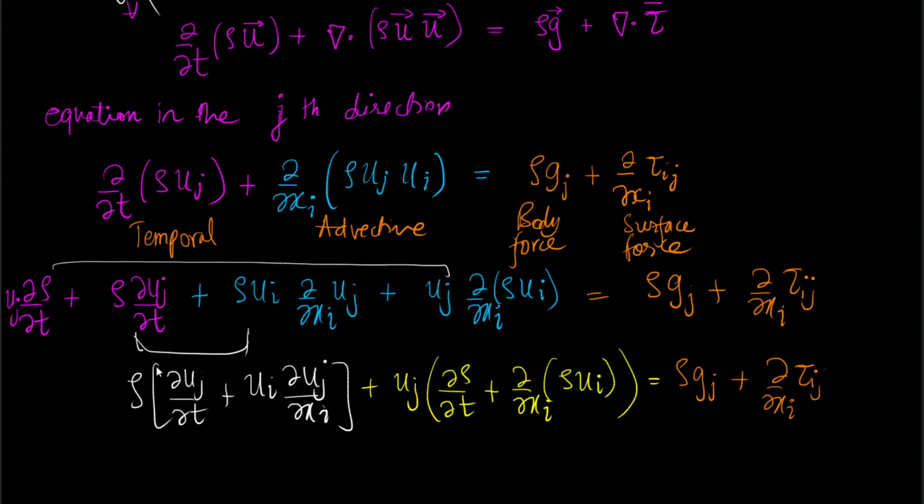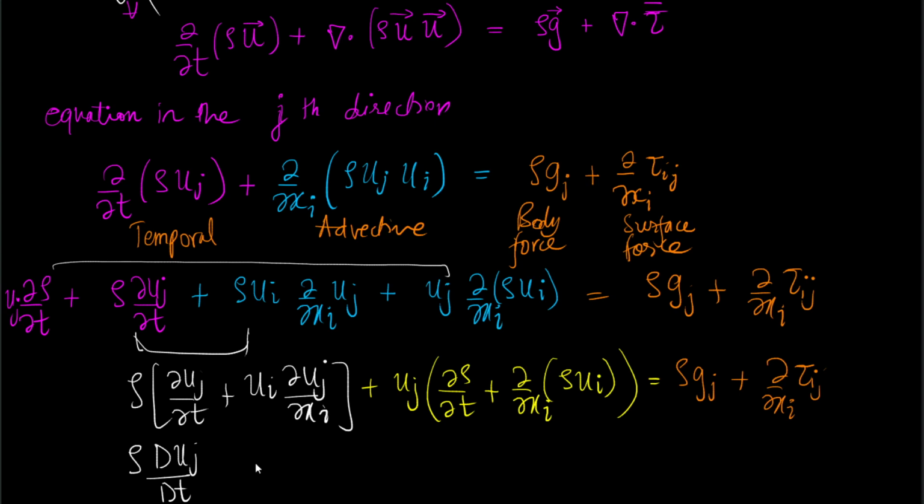Now this particular term is the total derivative of the velocity, so this is rho duj dt. So when you expand the total derivative term, you will obtain all these terms.